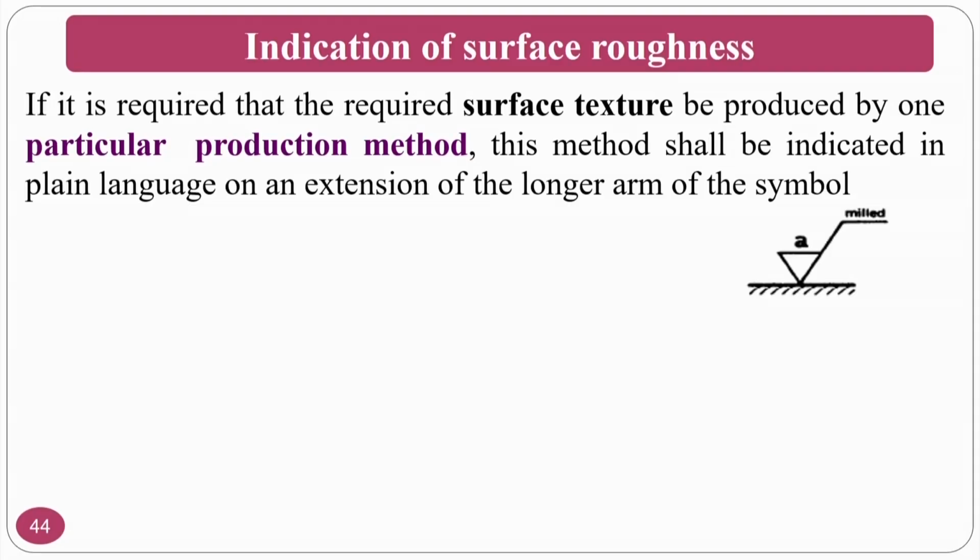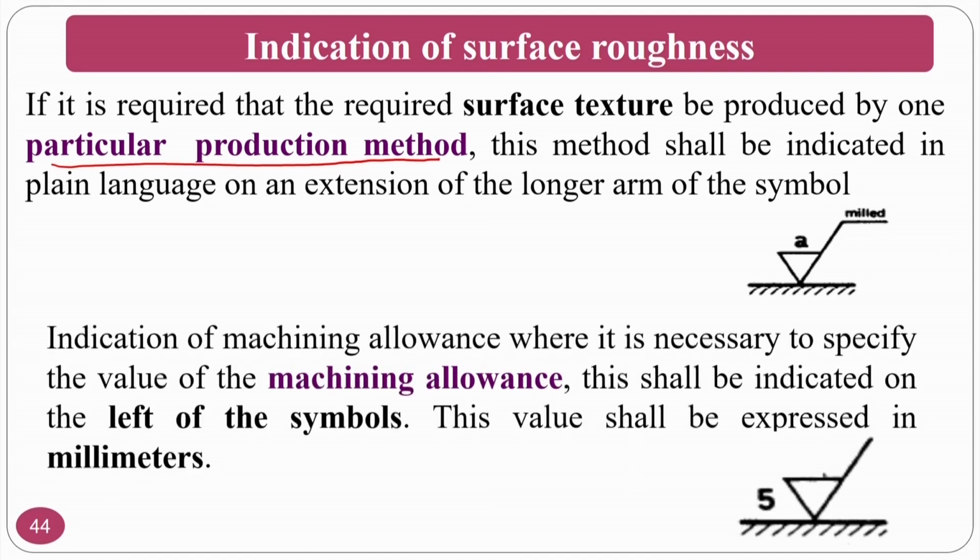As for the indication of surface roughness, if the surface texture can be produced by any one particular production method, this method shall also be indicated. That means, assuming I am talking about figure 1, this line represents the machining process. If this portion is not mentioned, you can use any method.